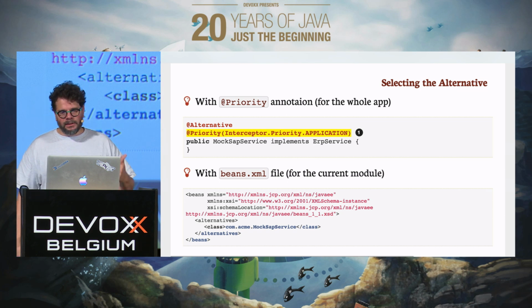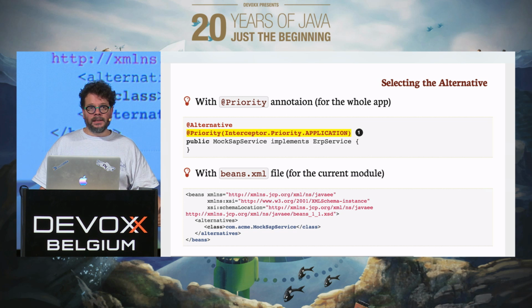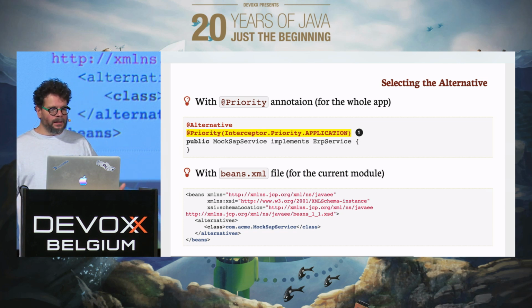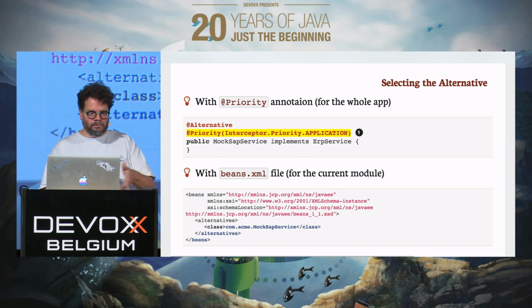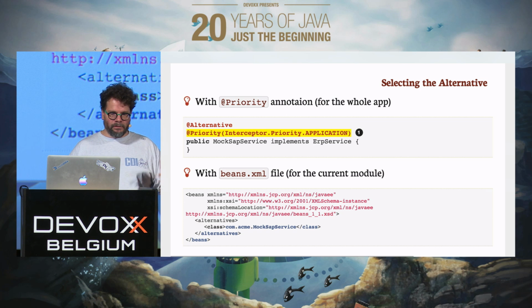What is more interesting is that you can do that in the beans.xml file, so you can select your alternative in the files and say, okay, I have a configuration here for my current environment, and I want to activate this alternative. Here I'm doing the same thing in both places.